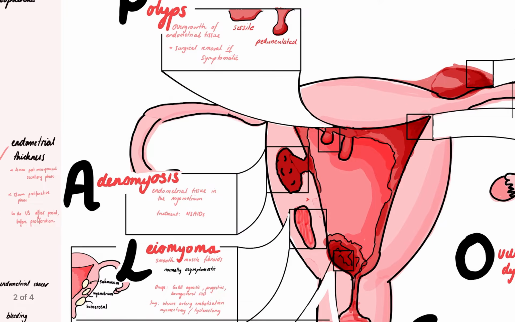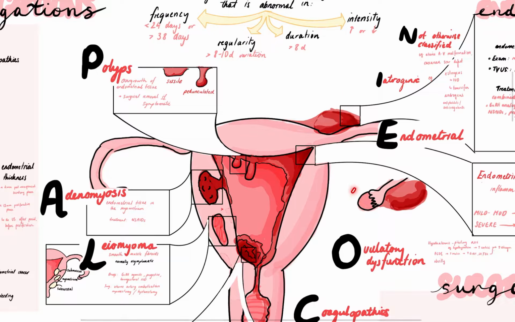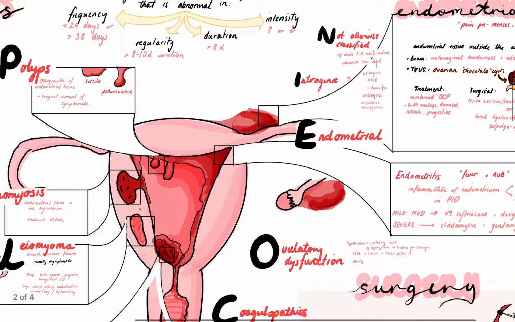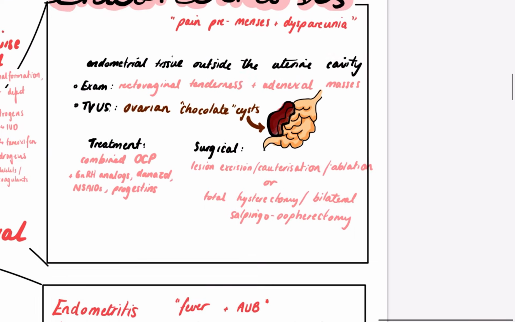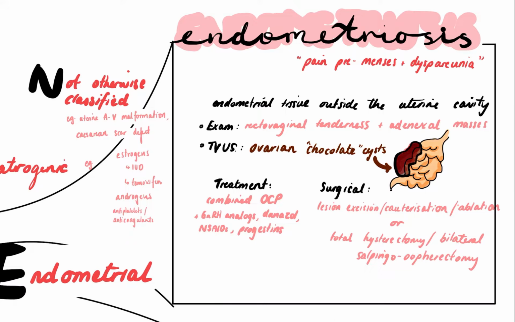It can appear on the outside of the uterine wall, on the ovaries, and even in other places in the abdomen because the abdomen is an open space. So it can result in adhesions to the bowels and the peritoneum, and can be very complex and cause many complications, including infertility. Clinically, endometriosis usually manifests with pain before menses and pain during sexual intercourse, so dyspareunia.